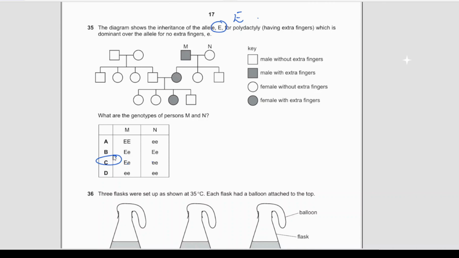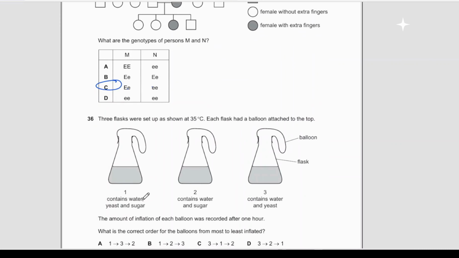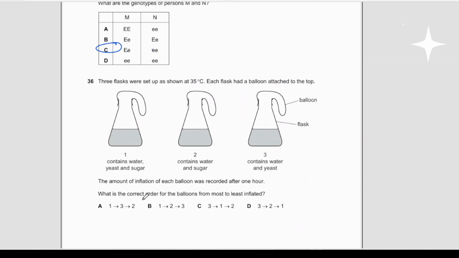Yes. 3 flasks were set up at 35 degrees Celsius. Each flask has a balloon attached to the top. Okay, there's an inflation. And what is the correct order? What should we add first, second and third? Most to least inflated.